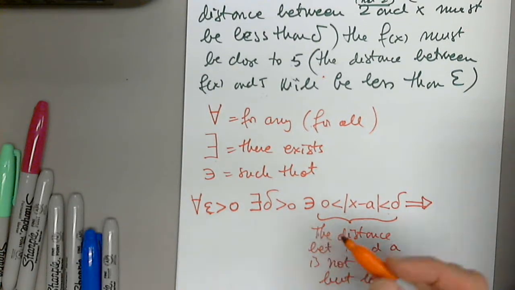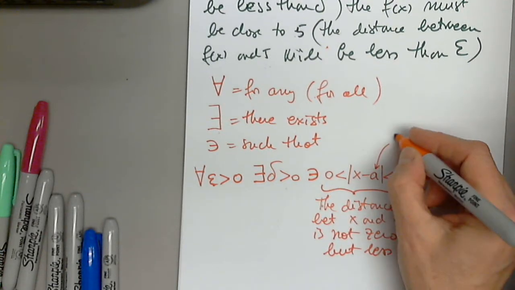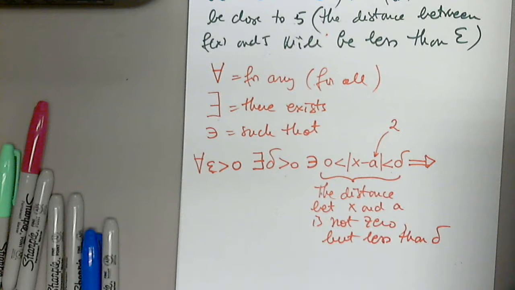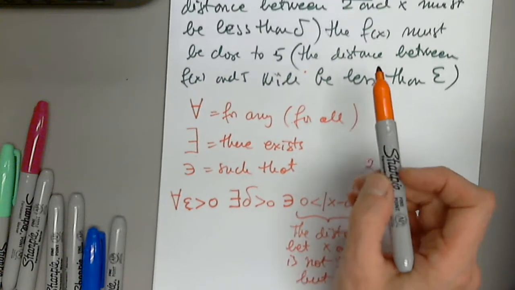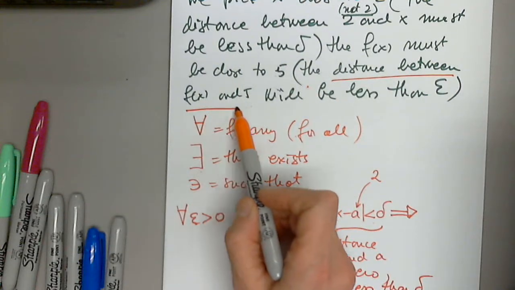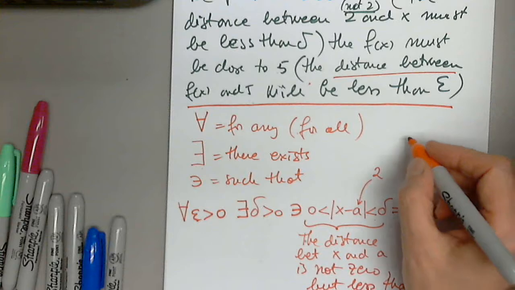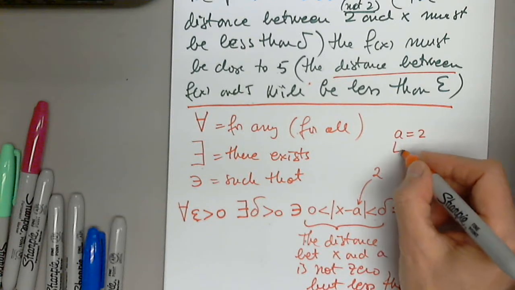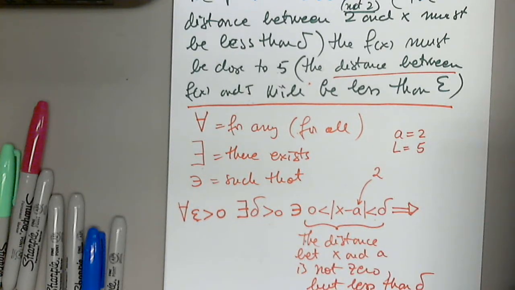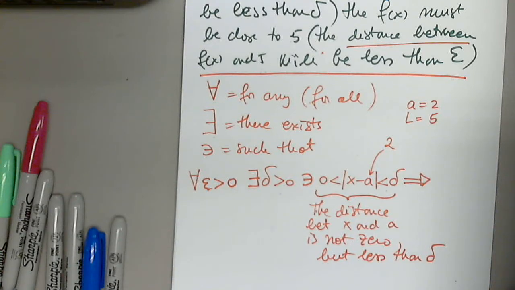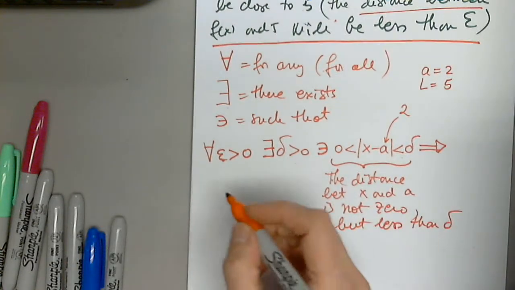Of course, in our case, a is 2 and the limit is 5, so the distance between f of x and 5 will be less than epsilon. Exactly.